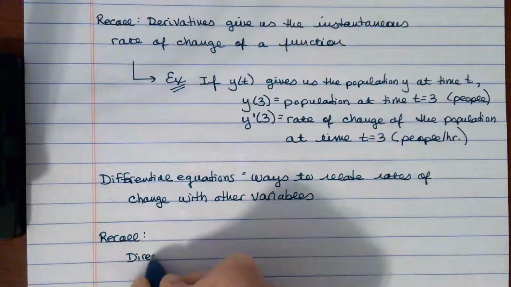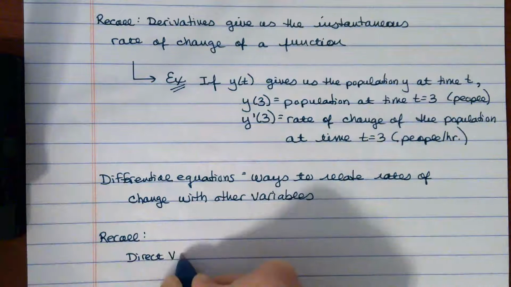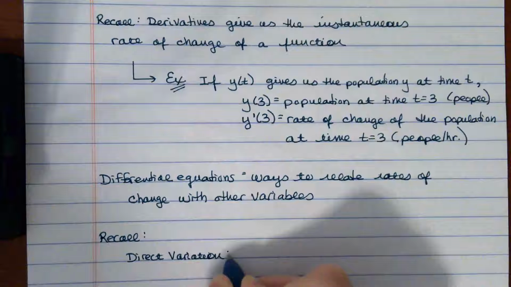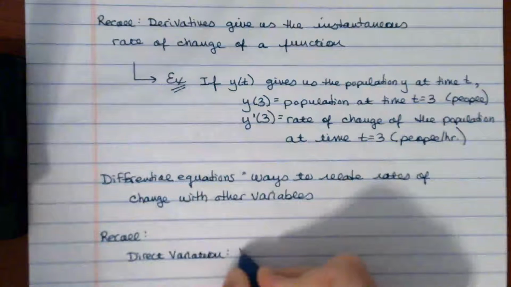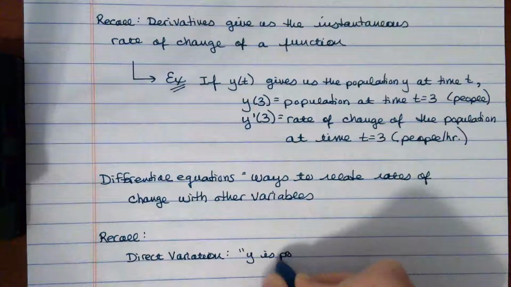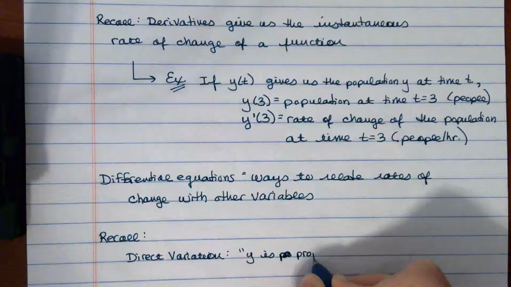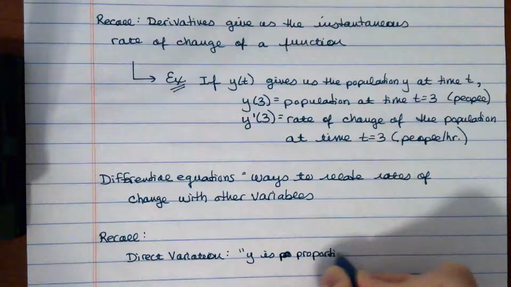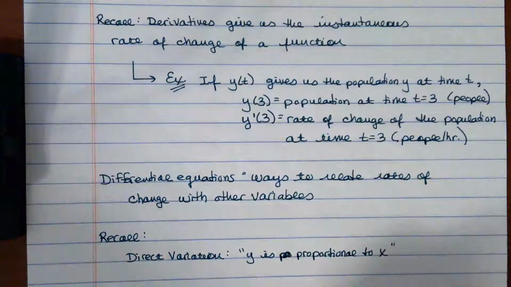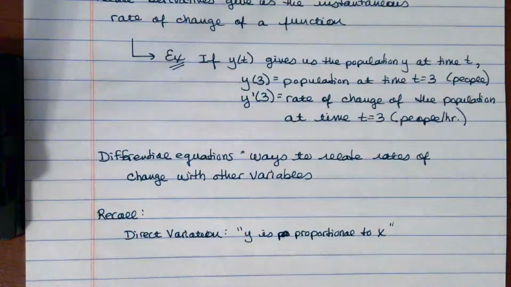Direct variation: things vary directly if things are in proportion with each other. We would say y is proportional to x.